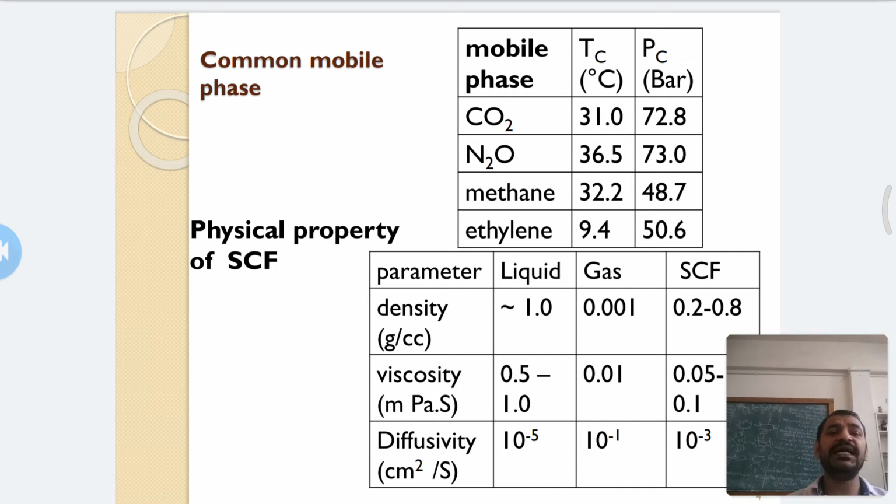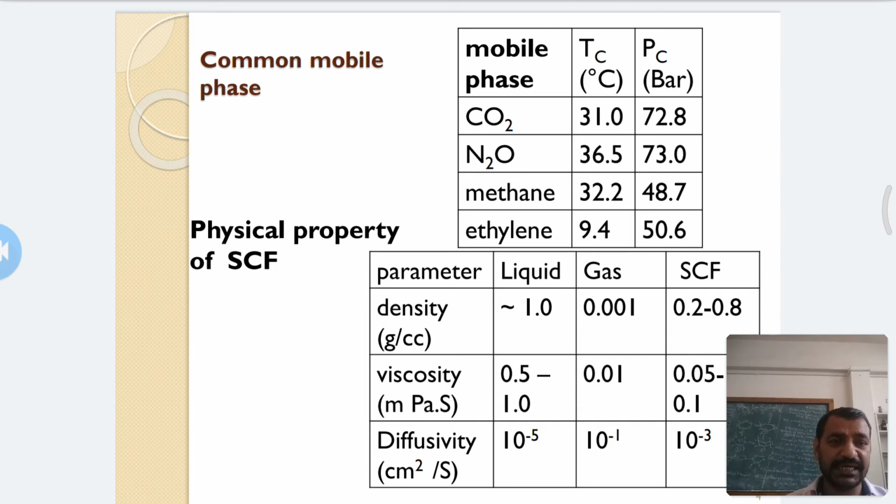Similarly, dinitrogen oxide has a critical temperature of about 36.5 and a critical pressure of about 73.0.